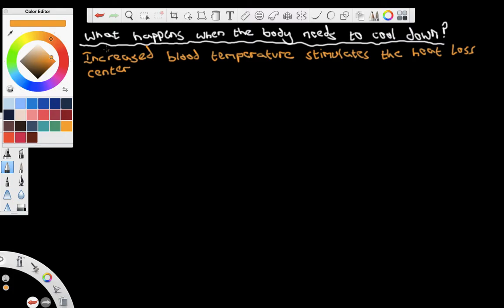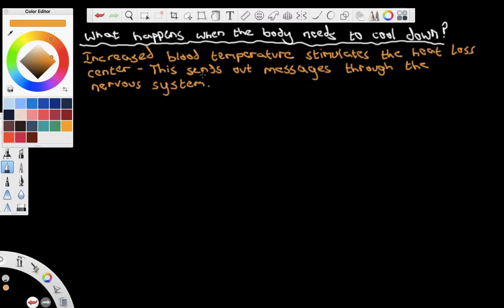In turn, this then sends out a message through the nervous system. So this sends out messages through the nervous system. Okay?